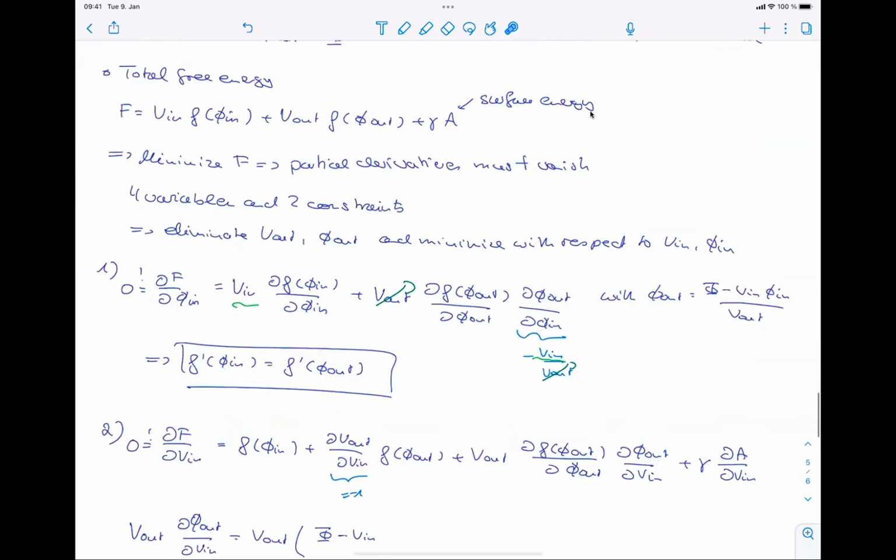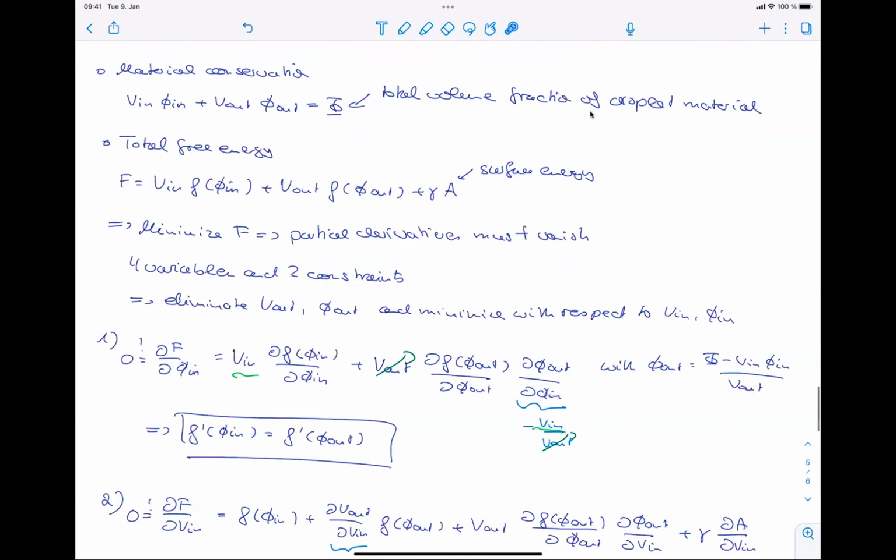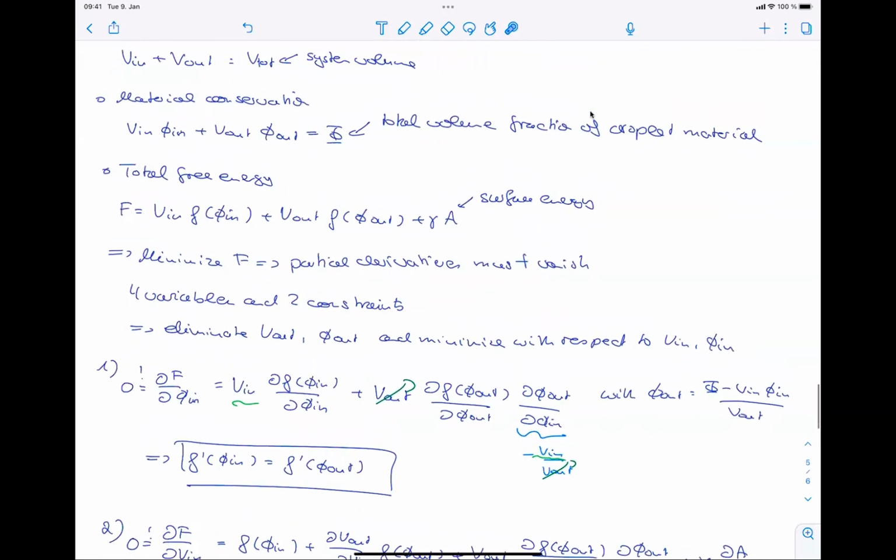The out also depends on the in via the total volume. Okay, let me quickly figure this. Yeah, exactly.